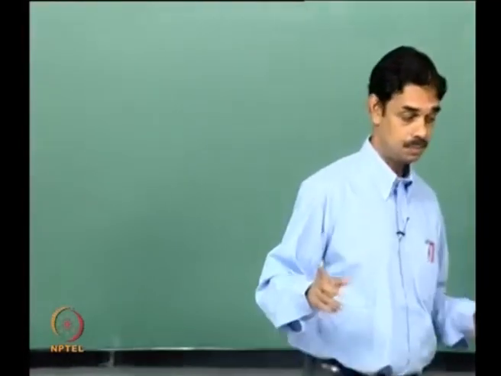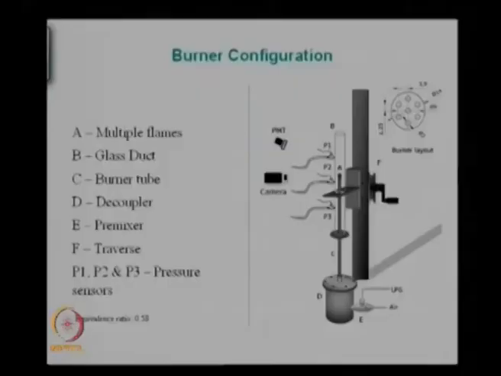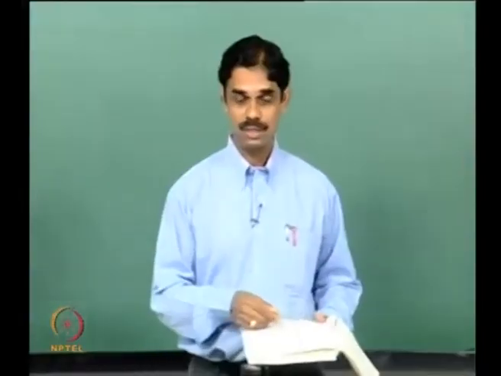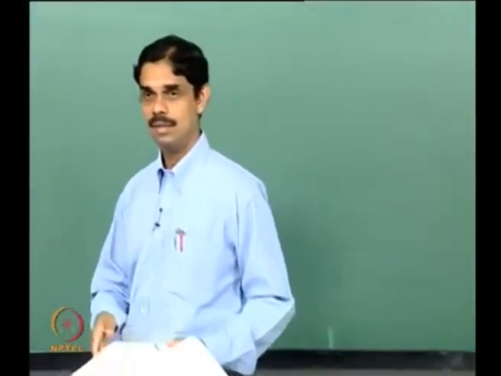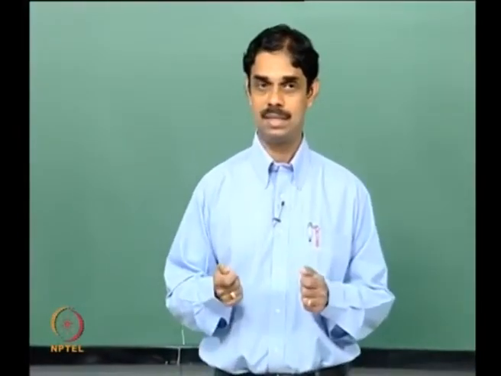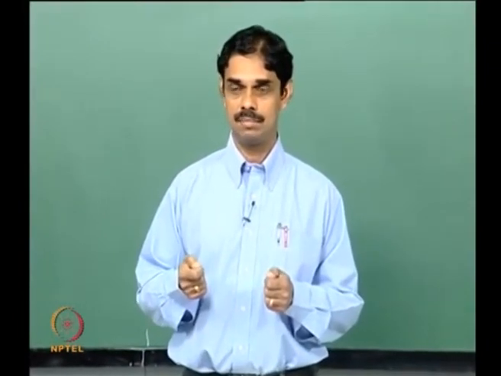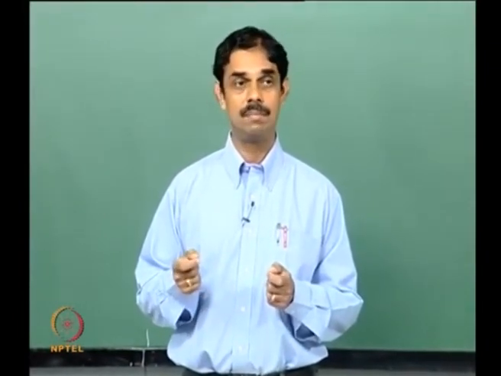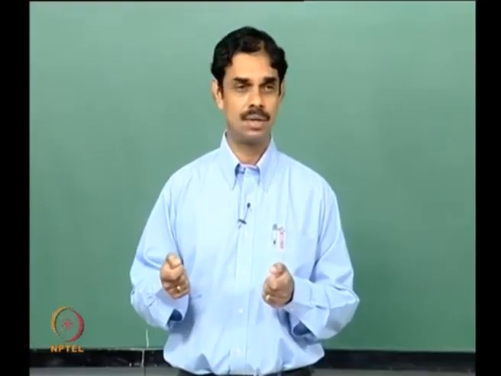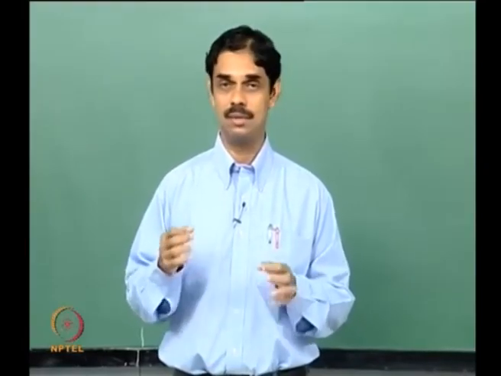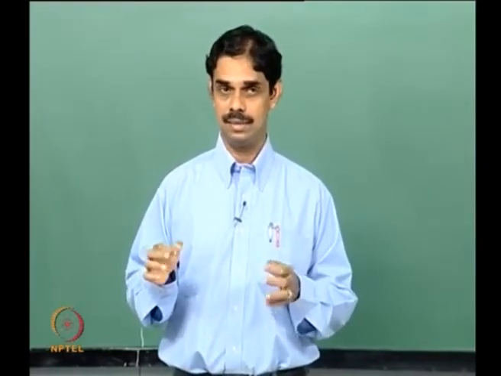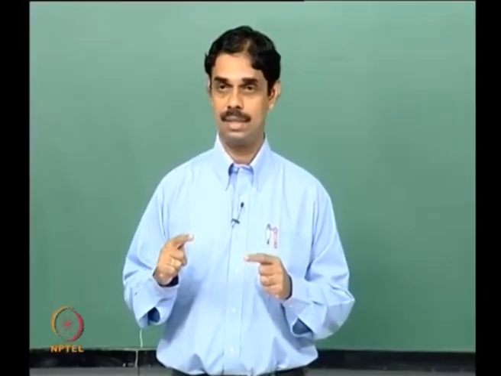Any other questions? Okay, so the topic today is wrinkling of an anchored flame. Now you saw that these flames were anchored, that means they were fixed to the burner. These are burner stabilized flames. At the burner you have a local recirculation zone no matter how small it is, and that will hold the radicals there and you can have the flame sit on that so that it does not blow off.